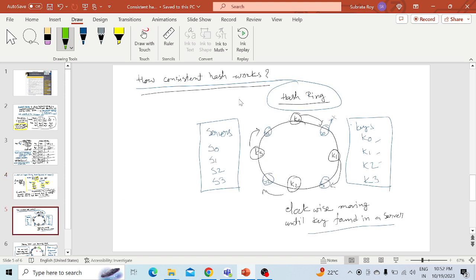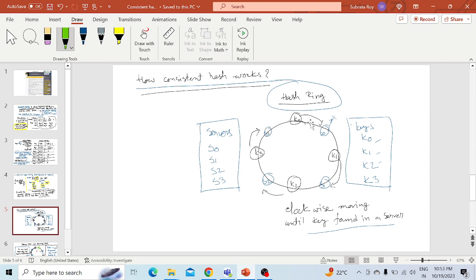So let's look at how consistent hashing works. Instead, you need to make a hash ring. All this distribution of the list of servers and distribution of keys in the servers, think about it as hashing. This is the beauty of consistent hashing.